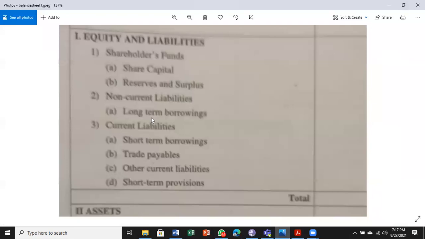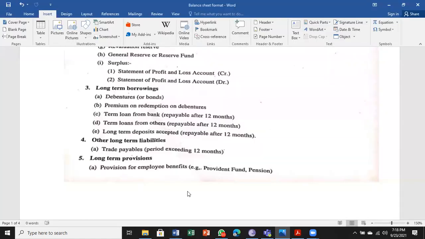It is the money payable by the company where the company has a time of more than 1 year to repay the money to a bank, to some other company, to the government, to anyone. The company having a time of more than 1 year is called long-term borrowings, or non-current liability.